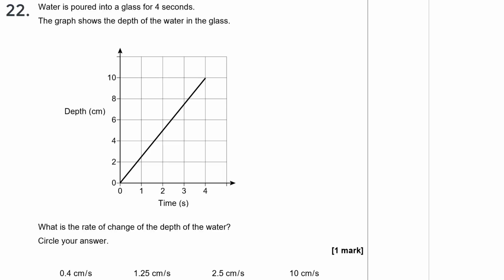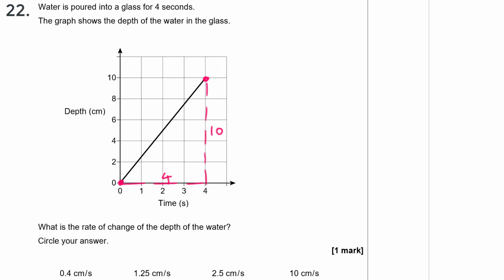Now, to work out the gradient of a straight line, we need to select 2 points on the graph, on the straight line, and we need to work out what the change in y is, and divide that by the change in x. So the change in y here is the difference between 10 and 0, so that's 10 that way, and from 0 to 4 that way is 4.